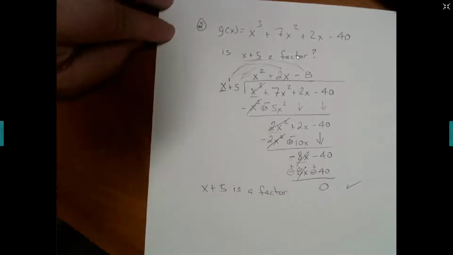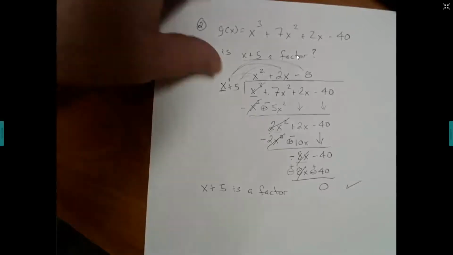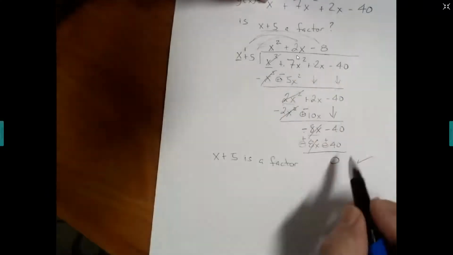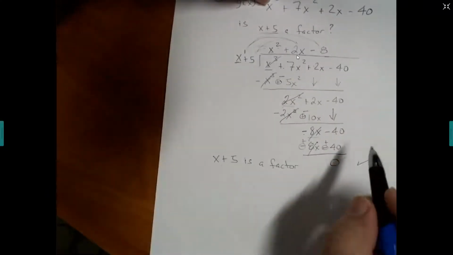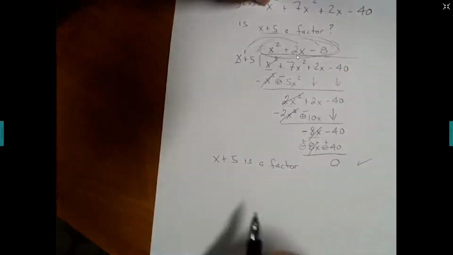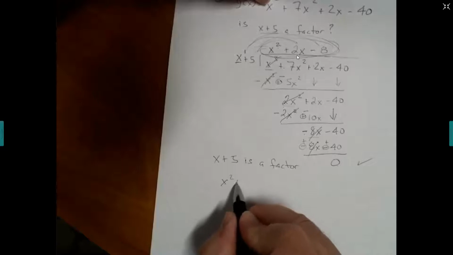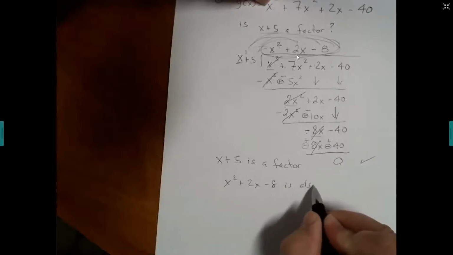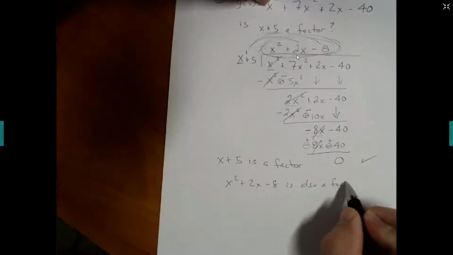It gives us two factors, actually. We know that x plus 5, because the remainder is 0, it also says that x squared plus 2x minus 8 is also a factor.